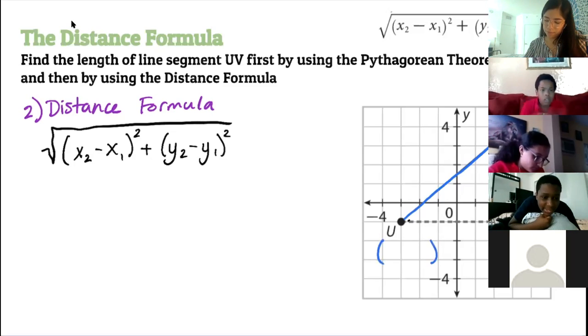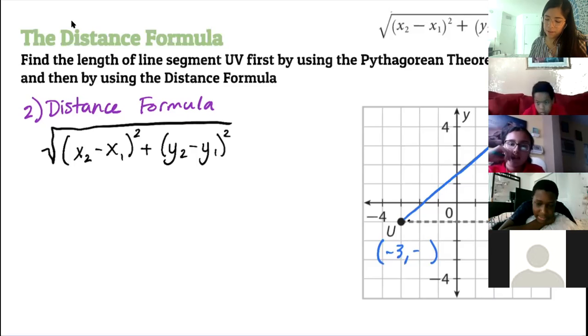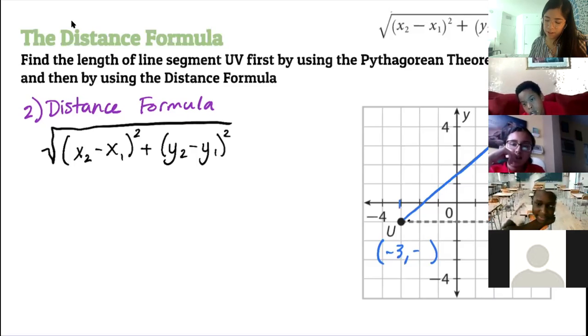Okay, so X would be, the U point would be -3, comma, -3 also? Remember, Tyrone, you counted, this is -3.